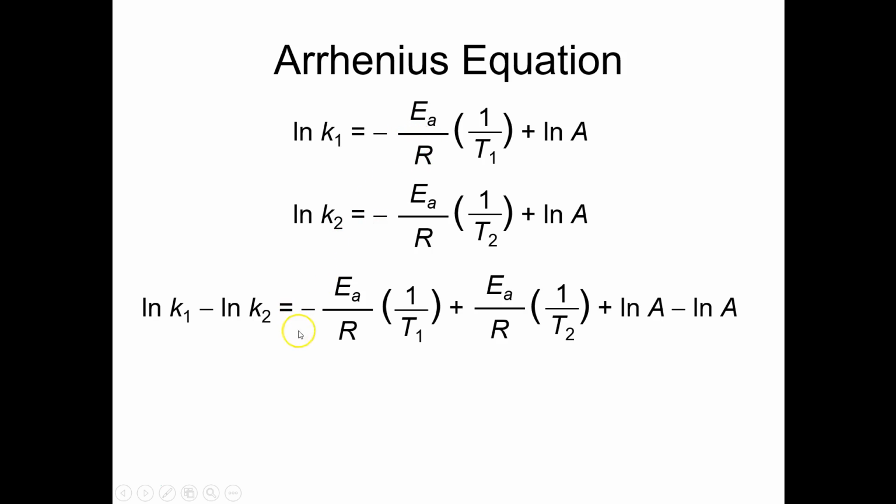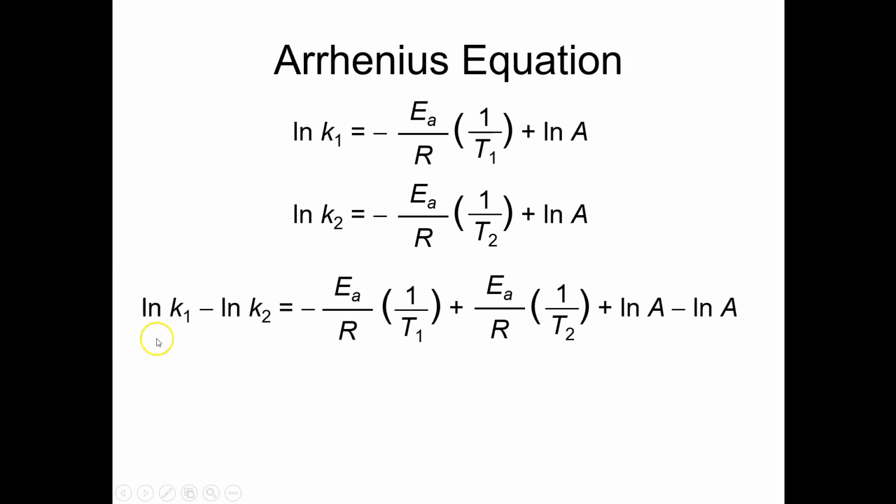On the right-hand side, it gives me negative EA over R times reciprocal T1 plus log A. Then subtracting a negative will give me positive EA over R reciprocal T2 minus log of A. Well, now I can just do a lot of, in the last step, gathering, canceling things out, and factoring things. Log of A minus log of A simply is equal to 0, so that can go away. EA over R is a constant, so I can simply factor out negative reciprocal T1 plus reciprocal T2, which is the same as 1 over T2 minus 1 over T1.